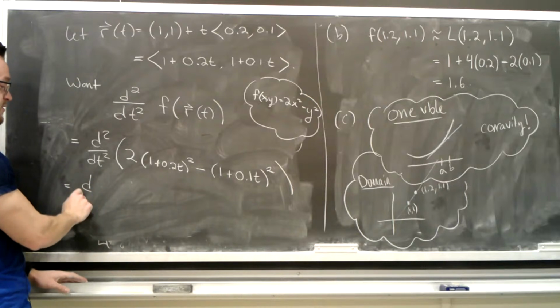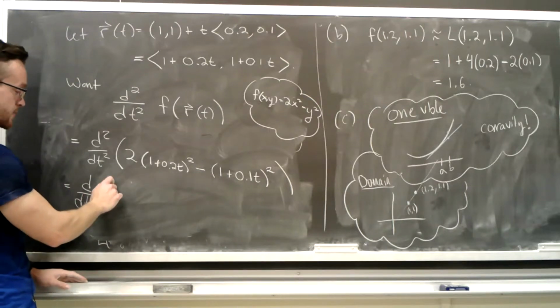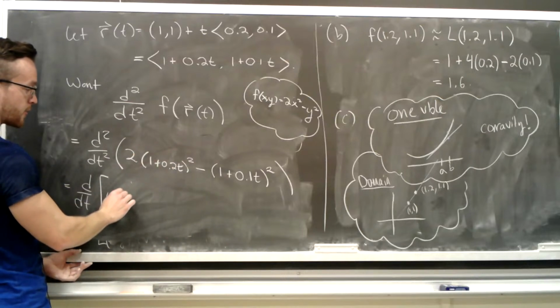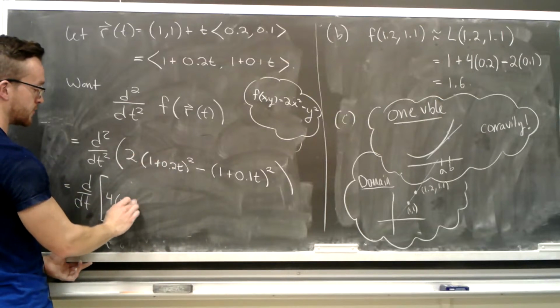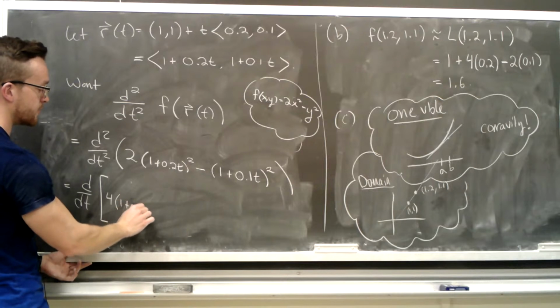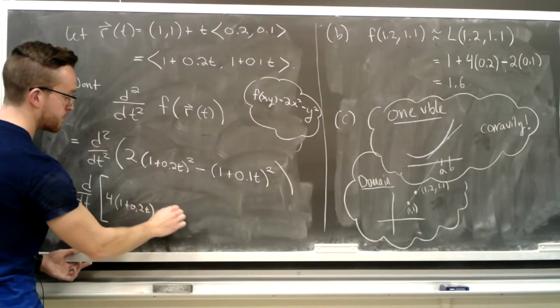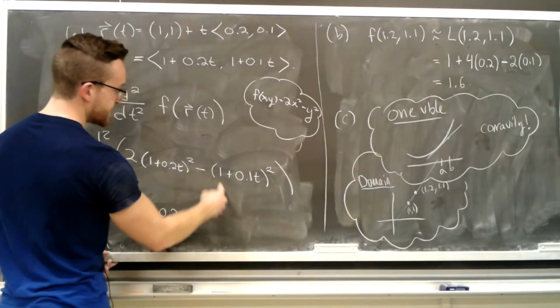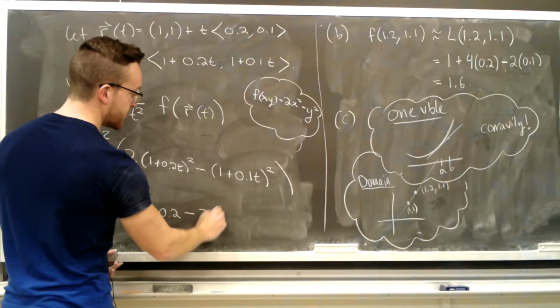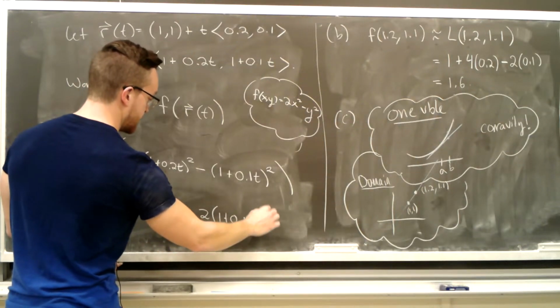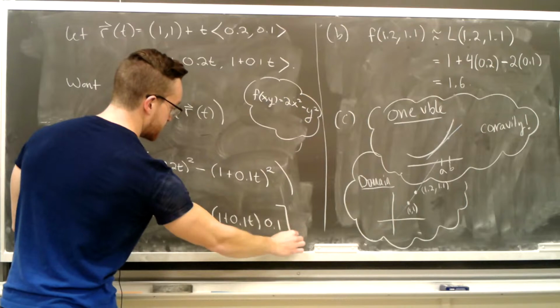So the first derivative, let's see, is going to be, by the chain rule here, 4 times (1 plus 0.2 t) times 0.2, minus, derivative here will be 2 times (1 plus 0.1 t) times 0.1.